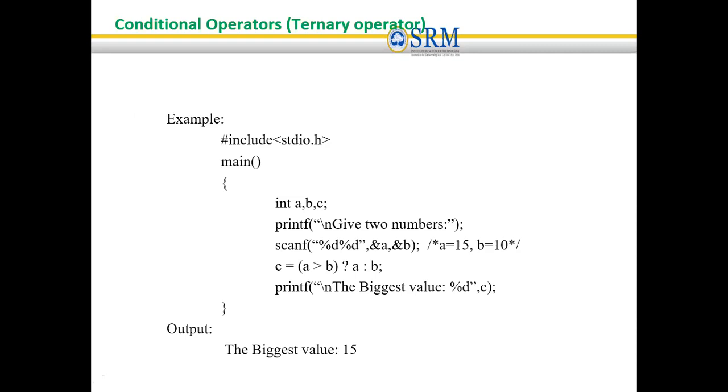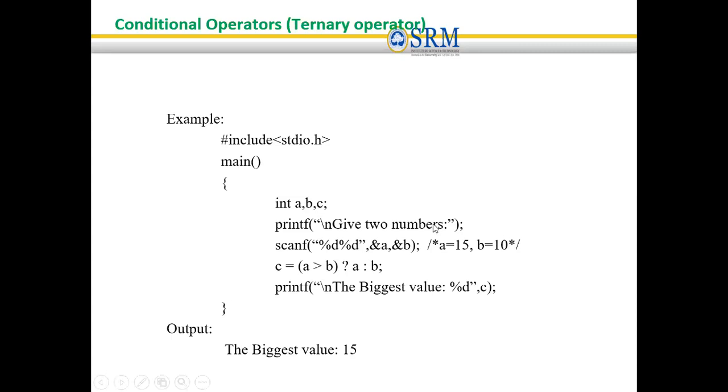If you look at this example, here we have two values A and B, which will be accessed through the keyboard. If A is equal to 15 and B is equal to 10, then C is equal to A greater than B question mark A colon B. This is the conditional expression.